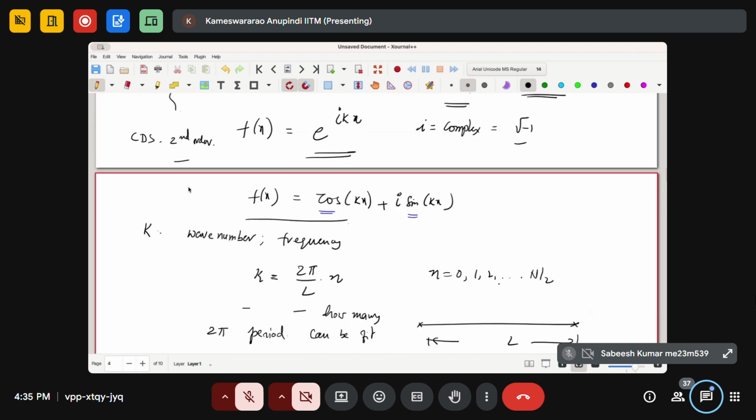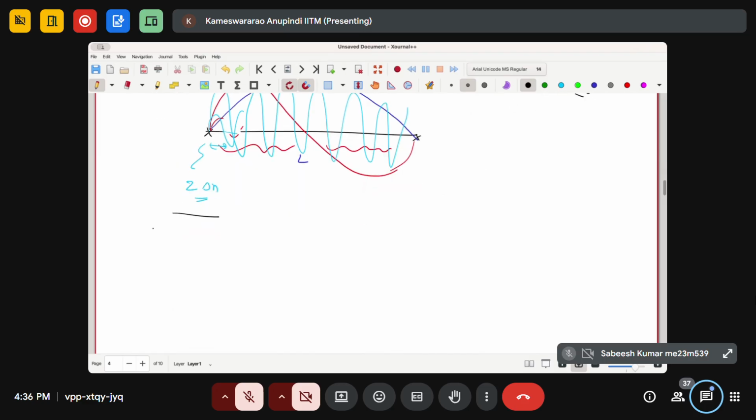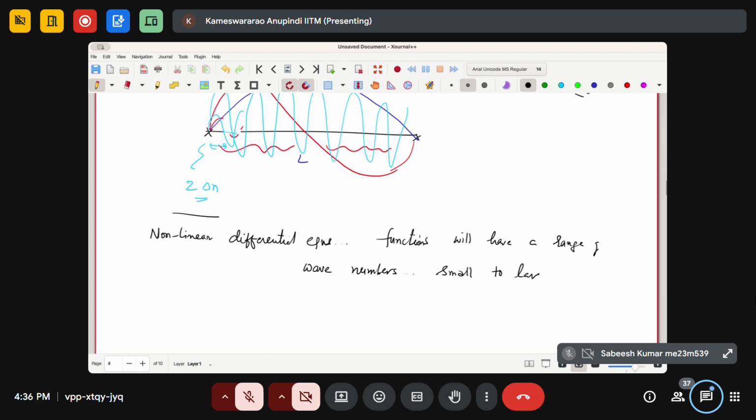In general, when we deal with nonlinear differential equations, the functions that we get will typically have a range of wave numbers, that may go from small to large.